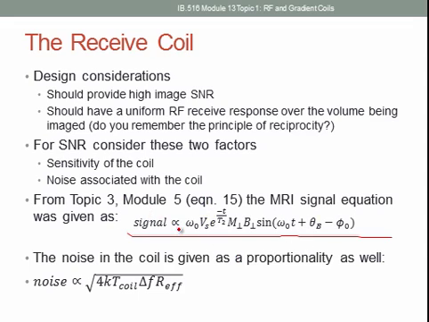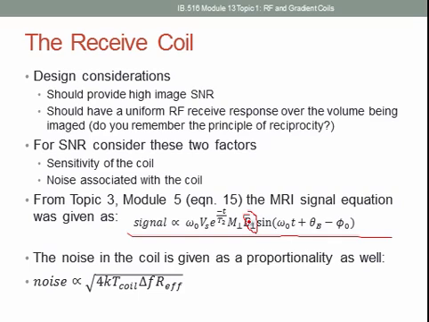The signal depends on the Larmor frequency, the volume of the sample, the T2 time, the magnetization in the transverse plane, and the magnetic field in the transverse plane created by the receive coil. This is the magnetic field that the receive coil is capable of producing in the transverse plane.